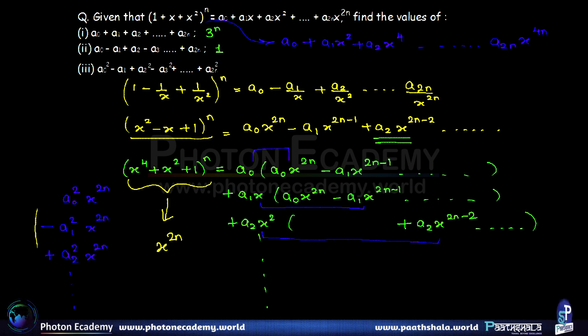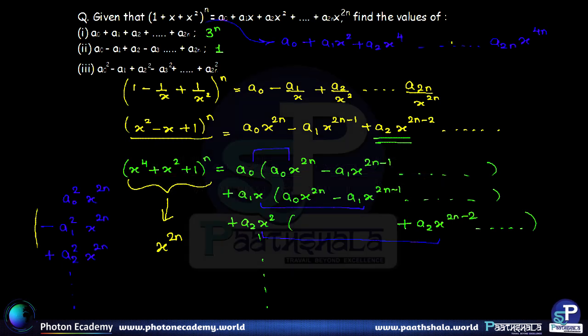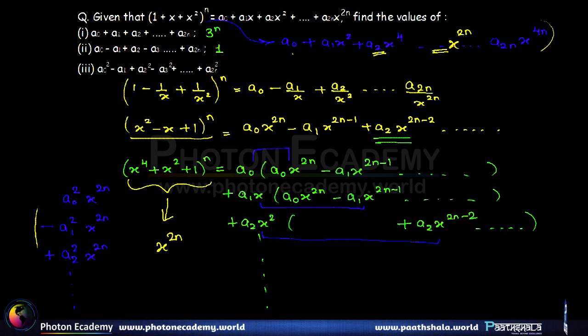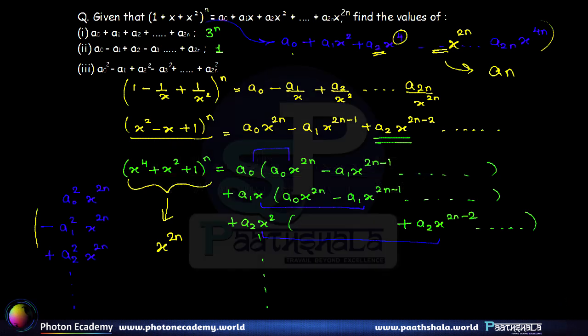So obviously there will have to have been some x raised to 2n term in between 0 and x raised to 4n. So we have to find the coefficient of that, and we can clearly see a pattern. The coefficient is the power divided by 2. So the coefficient of x raised to 2n has to be an. That is the coefficient of x raised to 2n. So an is our answer.